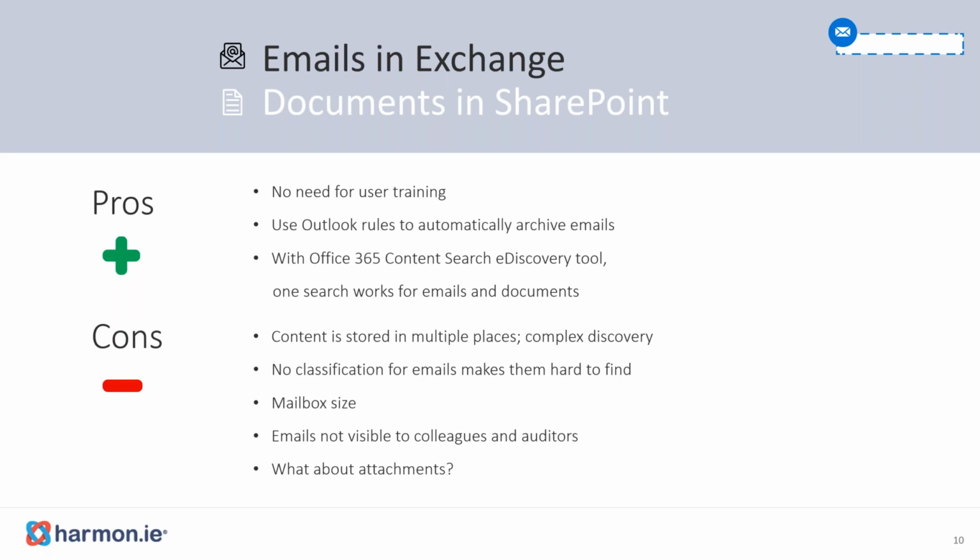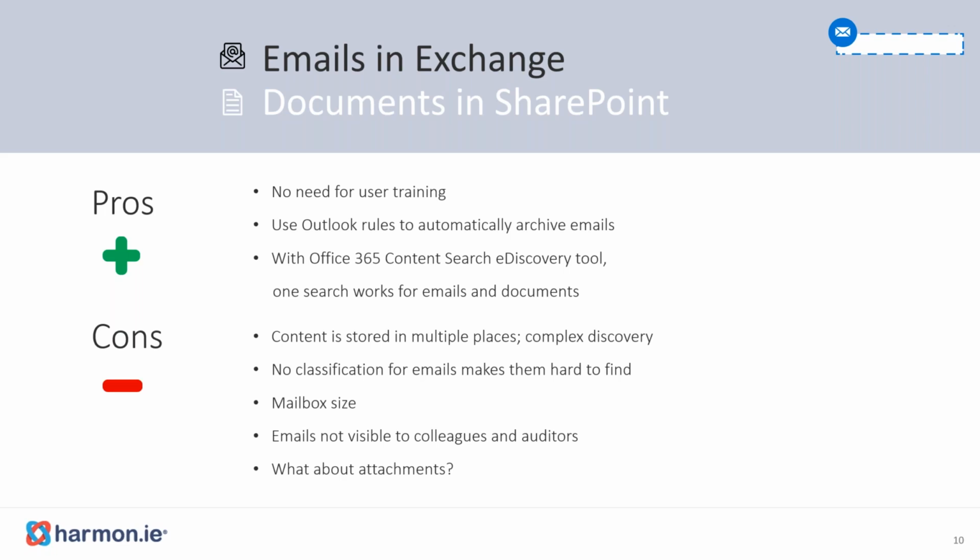You can also take advantage of some of the newer tools like the Office 365 Content Search eDiscovery tool to be able to find information from both Exchange inboxes and email folders, as well as from SharePoint. The downside of this is that content is stored in multiple places. Let's think about this for a second.